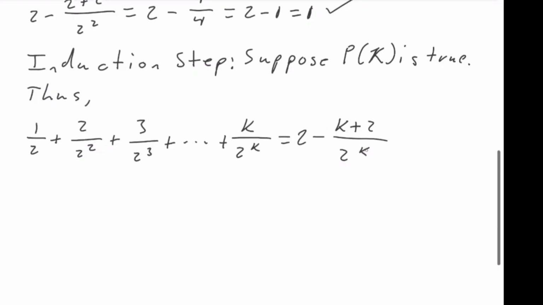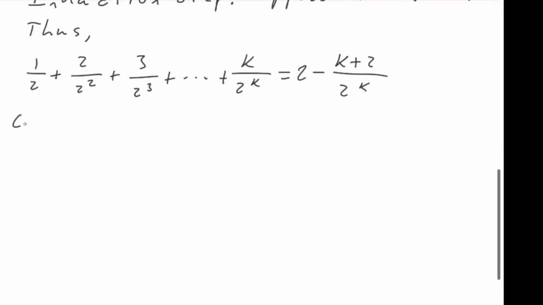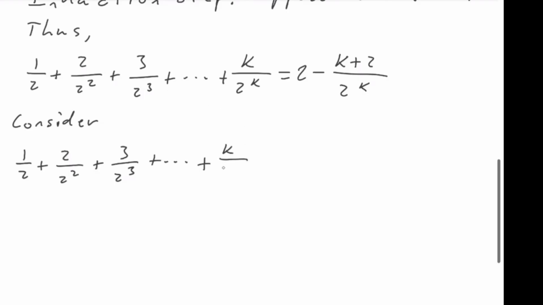All right, so let's go ahead and consider 1/2 plus 2 over 2 squared plus 3 over 2 cubed plus dot dot dot plus k over 2 to the k plus k plus 1 over 2 to the k plus 1.